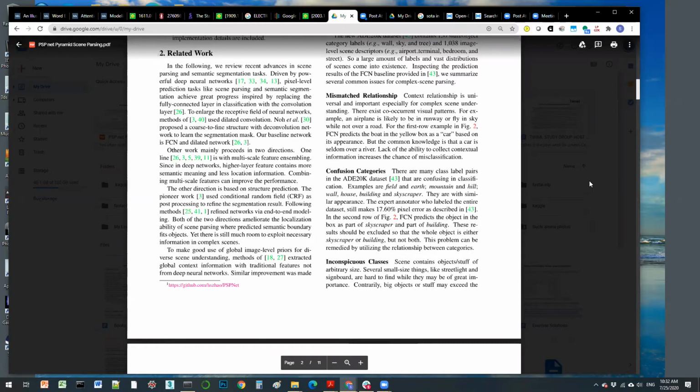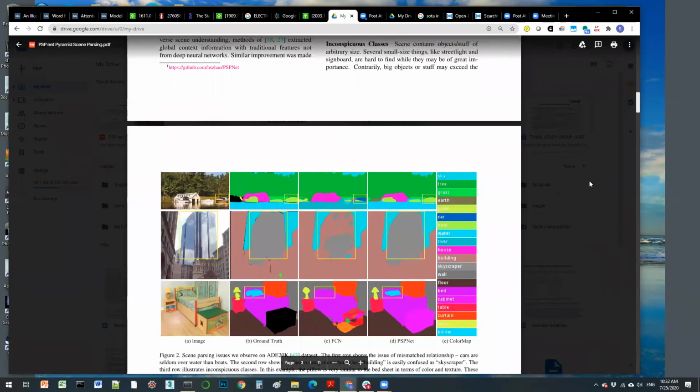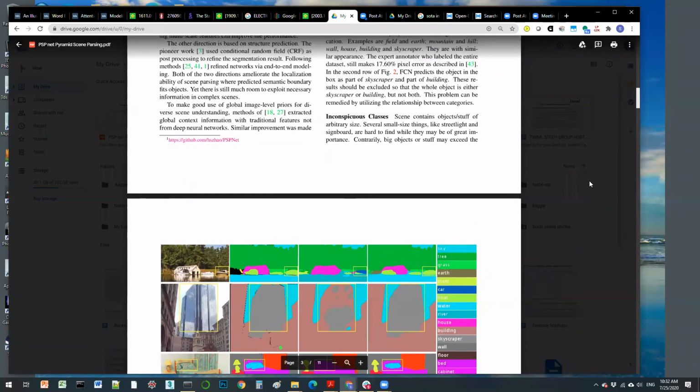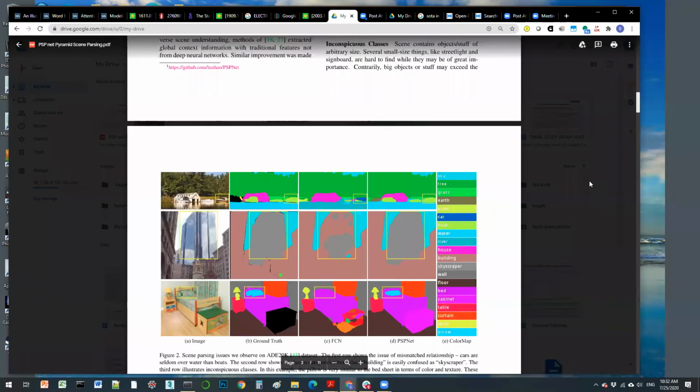UNet has the U shape, and in this paper and DeepLab it's flipped on its head, so it's like a V shape. So in encoding you go up and in decoding you come down, and in UNet encoding you go down and decoding you go up, so you have to flip it on its head. But the short answer is no, they don't compare it. They only compare it to other state-of-the-art result providing networks.